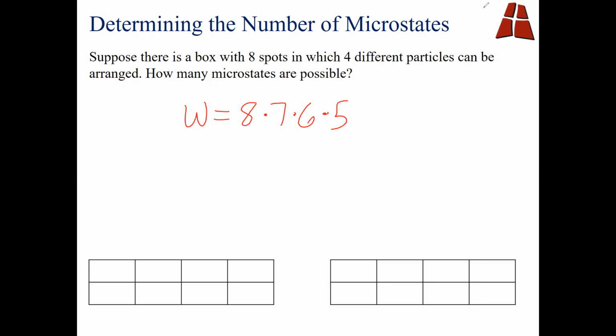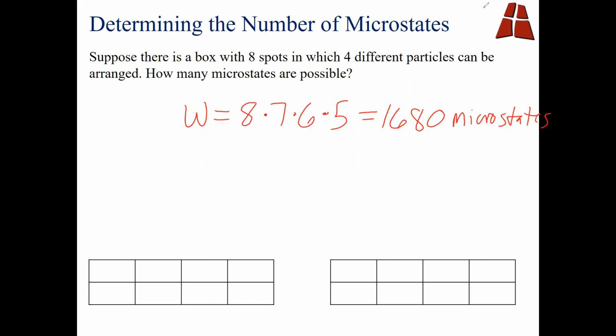And so if we are to then figure out what our number of microstates is, we just solve this, where we do 8 times 7 times 6 times 5. And so when we do that, I got a value of 1,680 microstates. And so that is how we would calculate the number of microstates.